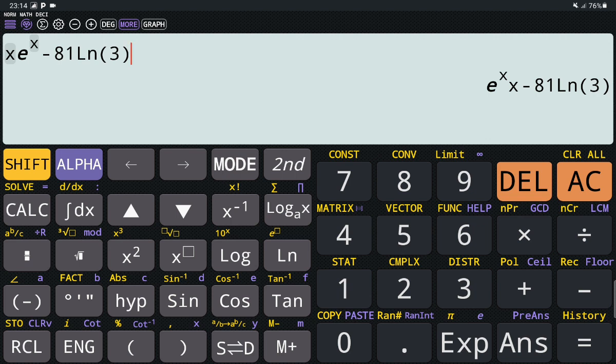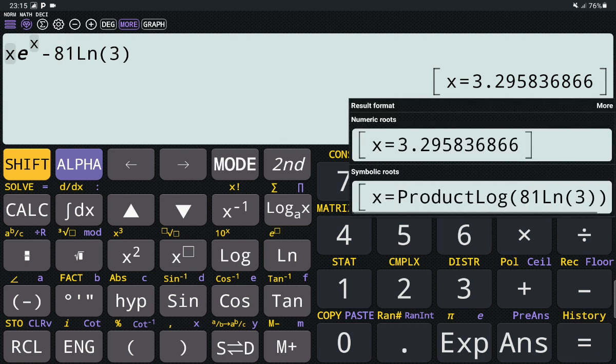Now press shift, calculate, to give you the answer. So you can see the answer here. So that is 3.29. So we need that figure.